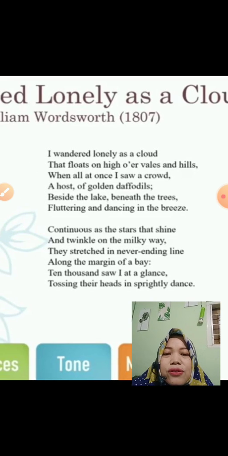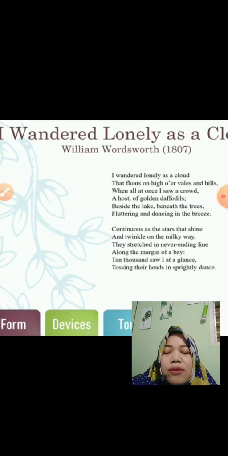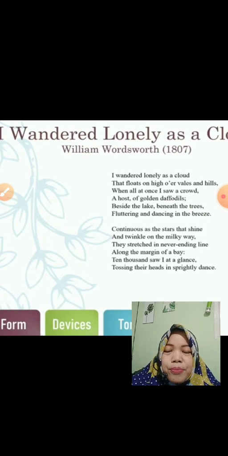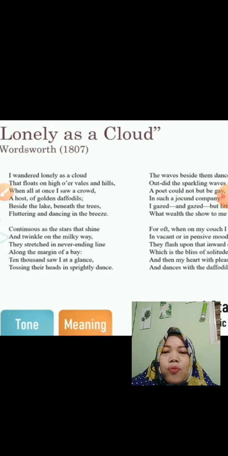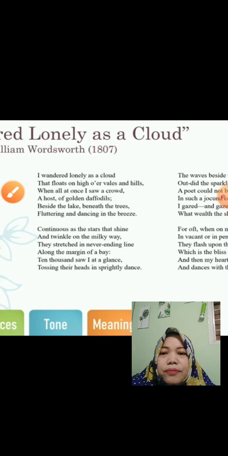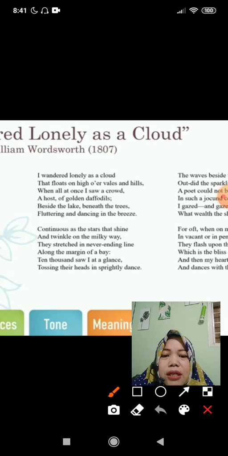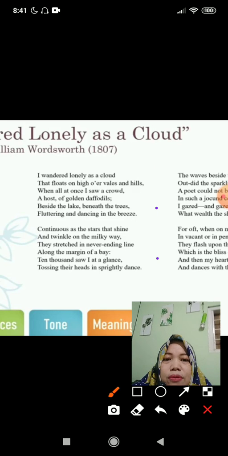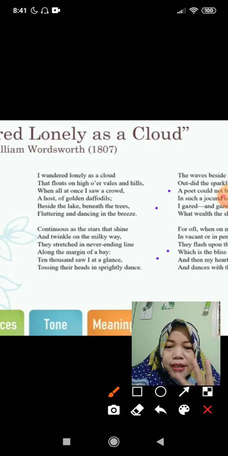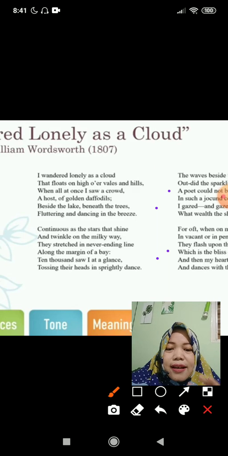When we look at this poem, there will be one, two, three, and four stanzas.